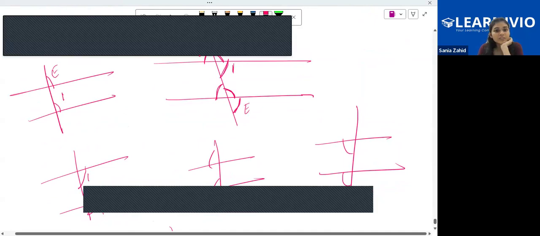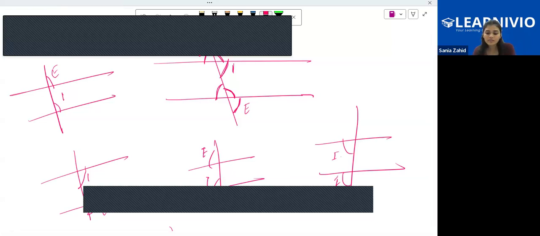So corresponding is where one of the angles is exterior and one of the angles is interior. Do you understand this? Yes, ma'am.